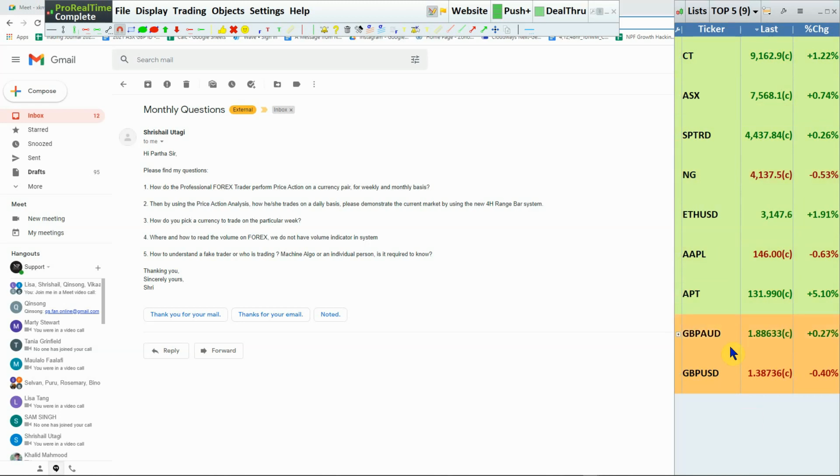So here I selected 2 from the forex, 2 from the index, 2 from the commodity, 2 from the share, and 1 from the cryptocurrency. So those will be the main ones.